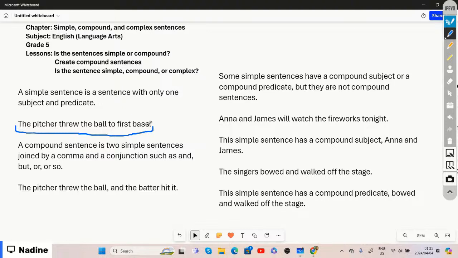Subordinating conjunctions can be words like because, since, until. Those are subordinating conjunctions.